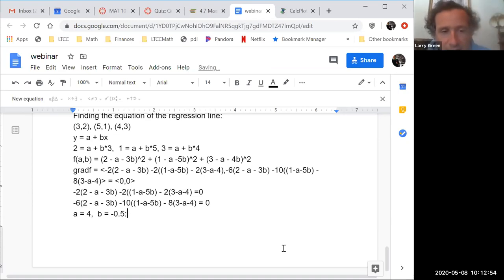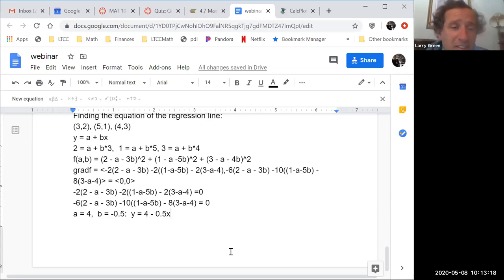So that tells us that the regression line equation is going to be A plus Bx, which is y equals 4 minus 0.5x. And that's the equation of the regression line.